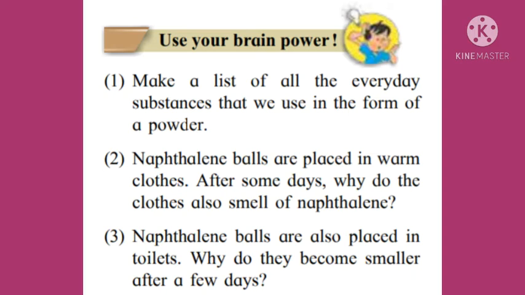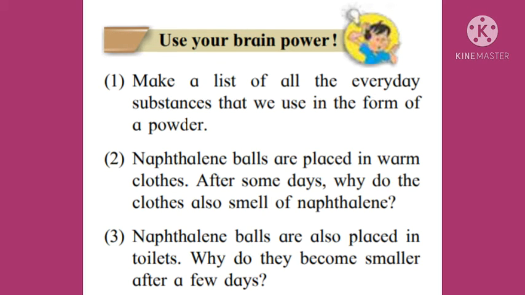Now we'll discuss some use your brain power questions. First one, make a list of all the everyday substances that we use in the form of a powder. Examples are chili powder, turmeric powder, face powder, etc. Now next question. Naphthalene balls are placed in warm cloths.